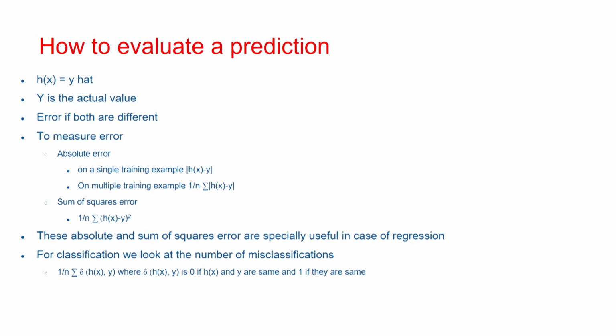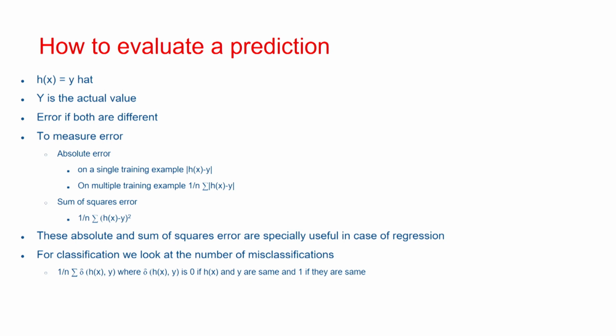There are so many methods, one of them is absolute error. In case of absolute error, for a single training example, we take the difference of h(x) and y, where h(x) is the value that is predicted by the machine learning technique and y is the actual dependent variable value.